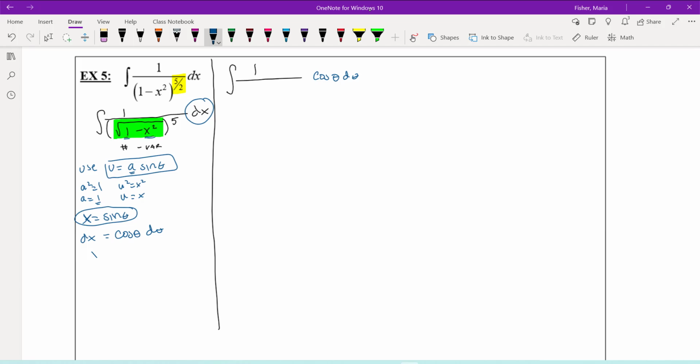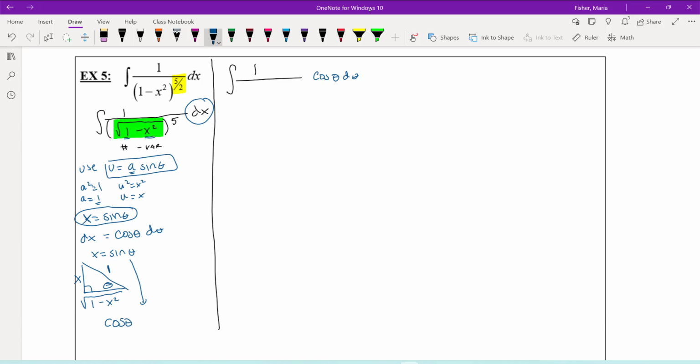So if x is equal to the sine of theta, making the triangle here, we know that sine is equal to opposite over hypotenuse. There's no denominator, but I know my hypotenuse would then be a 1. And that missing side would be the square root of 1 minus x squared. Which trig function relates with the Pythagorean identity with sine? Well, we know that that's going to be cosine.